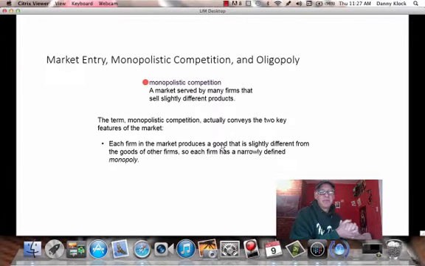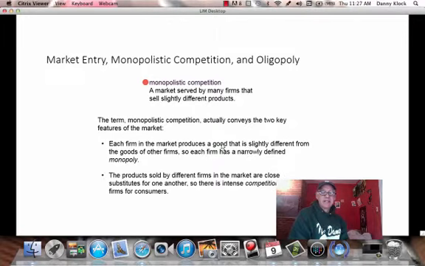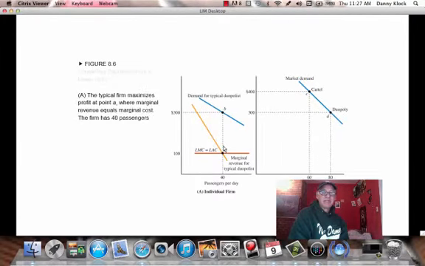You want to have your beautiful scarf, where you use advertising and celebrity endorsements, as the book talks about, or you try to get a narrowly defined monopoly for your scarves using these different techniques. But they're very similar substitutes to other firms, therefore you are still in competition with other firms. That's how the term monopolistic competition comes about.